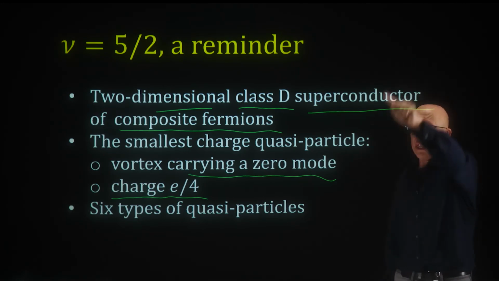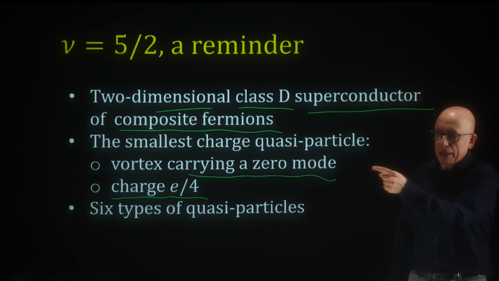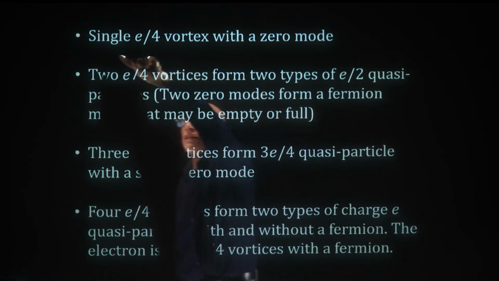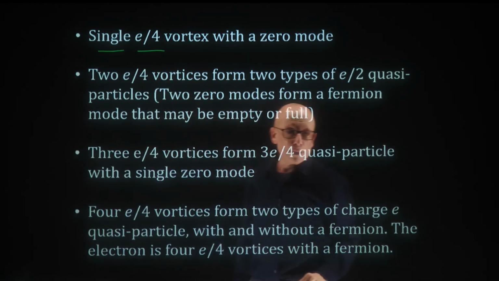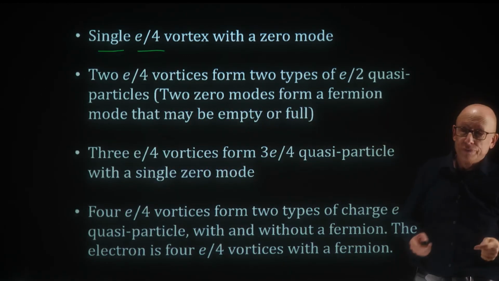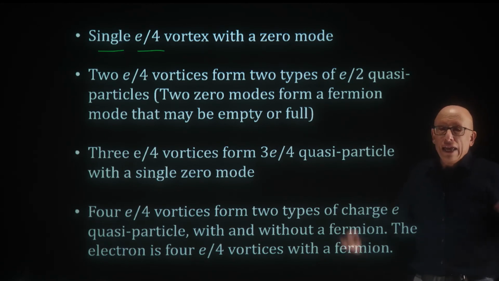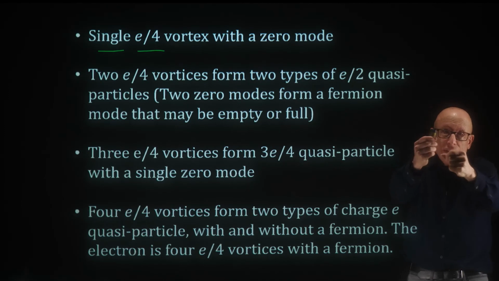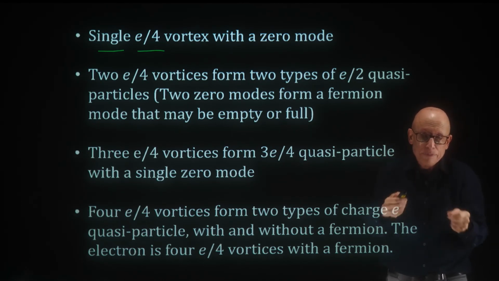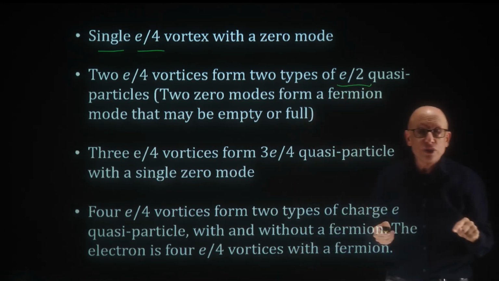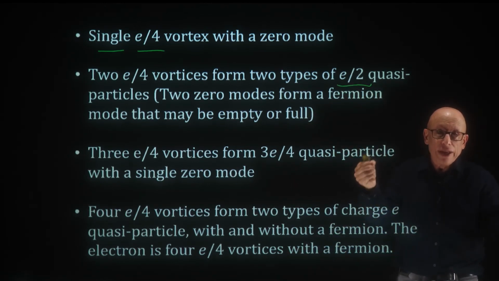Now, in such a state, there will be, I will argue now, 6 types of quasi-particles. The first one, as we just said, is the single quarter-charge quasi-particle, which carries a zero mode. So it's basically a vortex with a zero mode. If you bring 2 of those together, you'll get a total charge of e/2, of course. But you'll also get what happens when you bring together 2 zero modes.